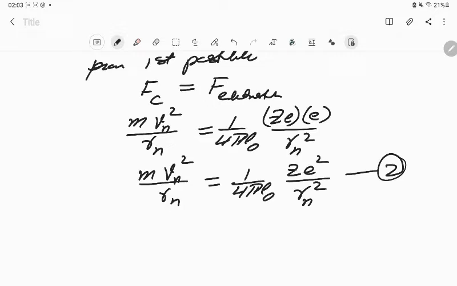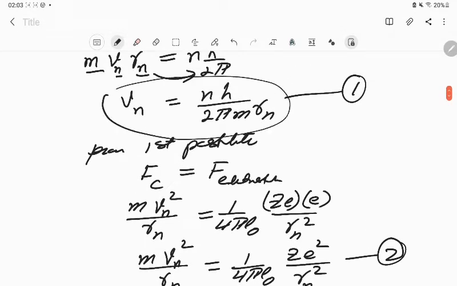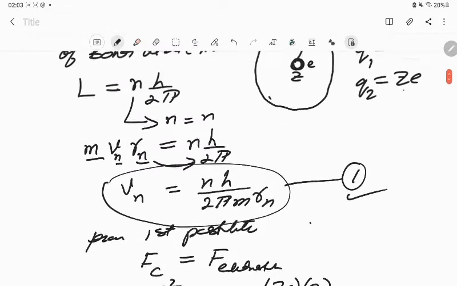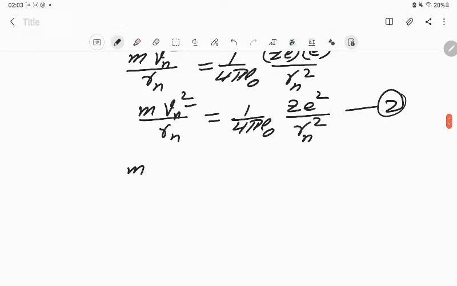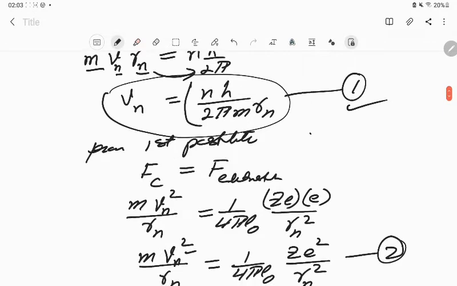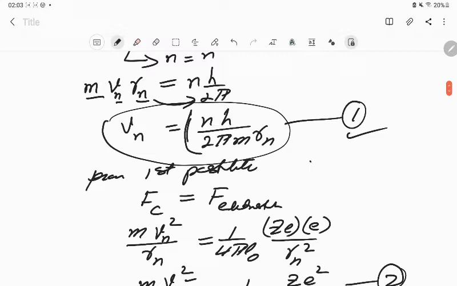Now substituting the value of vn from equation 1 into equation 2. So we put the vn value here, vn is n h by 2 pi m rn. Since this is vn squared, we have to square this one.